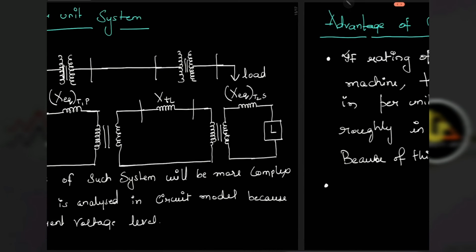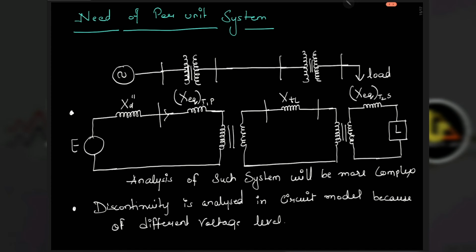Now in a transformer, if you represent the impedance in the primary side, that will be different from the same impedance represented in the secondary side, right?